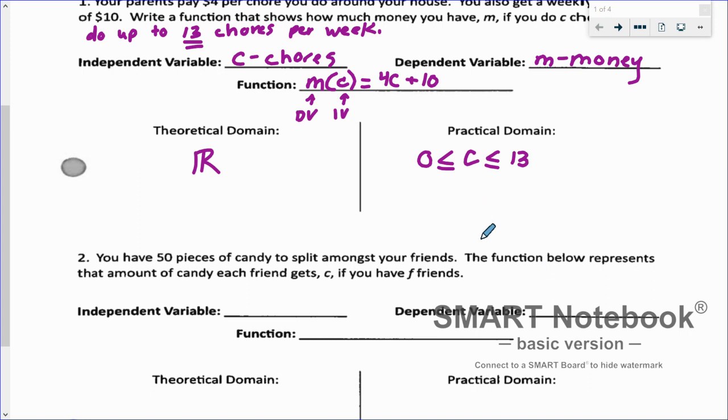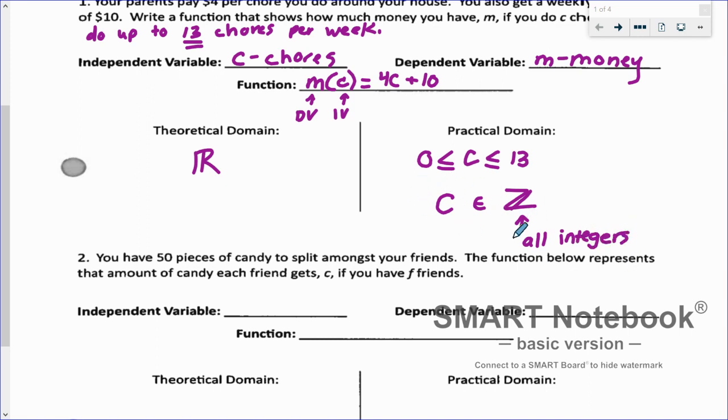And just to add in a little side note, you can't really do a fraction of a chore. I guess you could half do the dishes, but you're not going to get paid for that. So C can only be an integer. It can only be a whole number. This symbol is kind of like all real numbers, but this symbol means all integers.